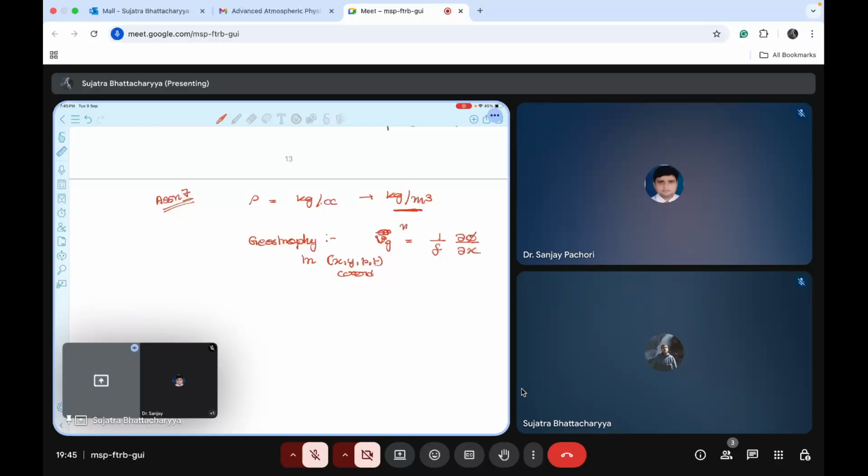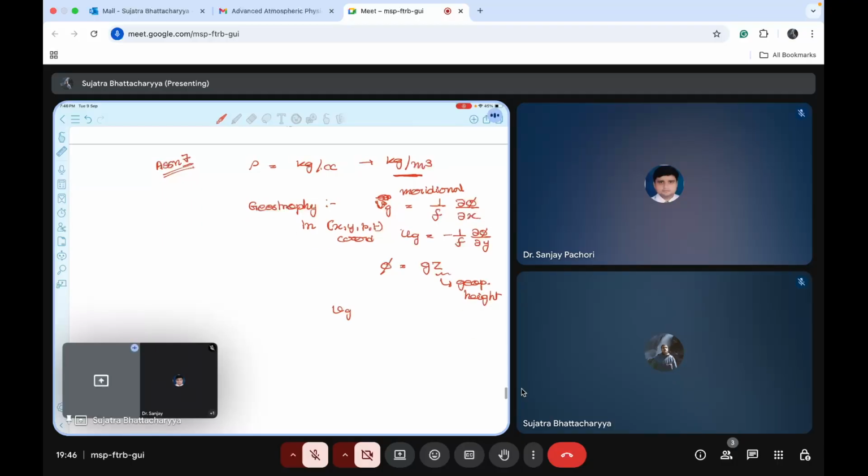This is the meridional one, the north south one. Similarly, zonal will be minus 1 by f delta phi by delta y. Remember, this phi is g times z, where z is the geopotential height. So your Vg will be g by f delta z by delta x. Just remember this because some questions might have this.